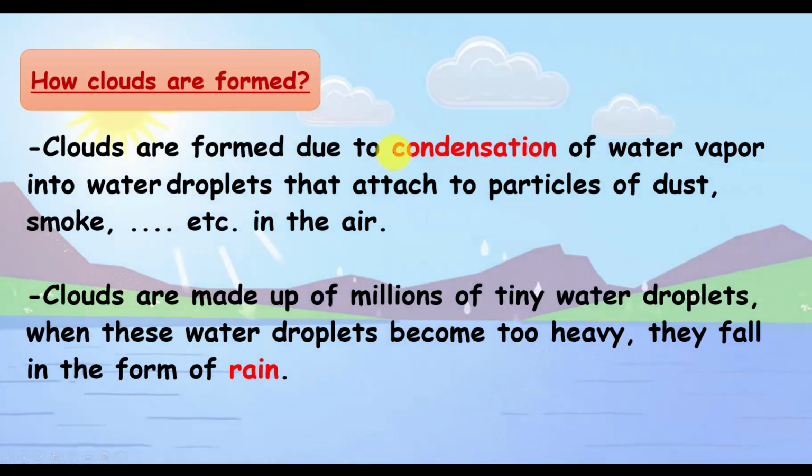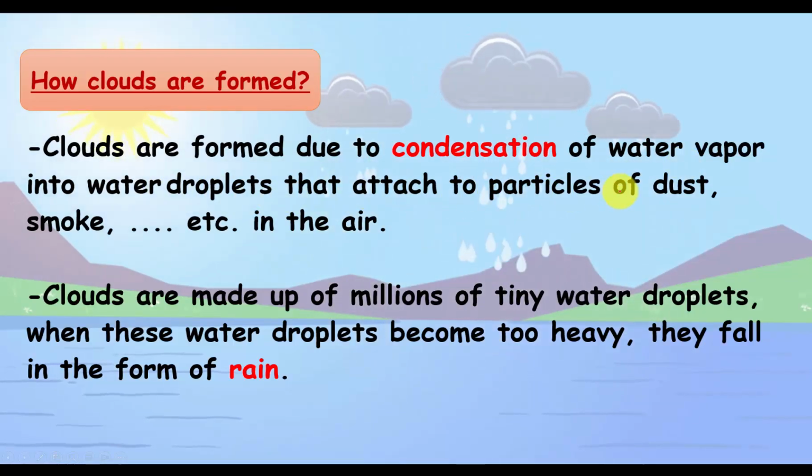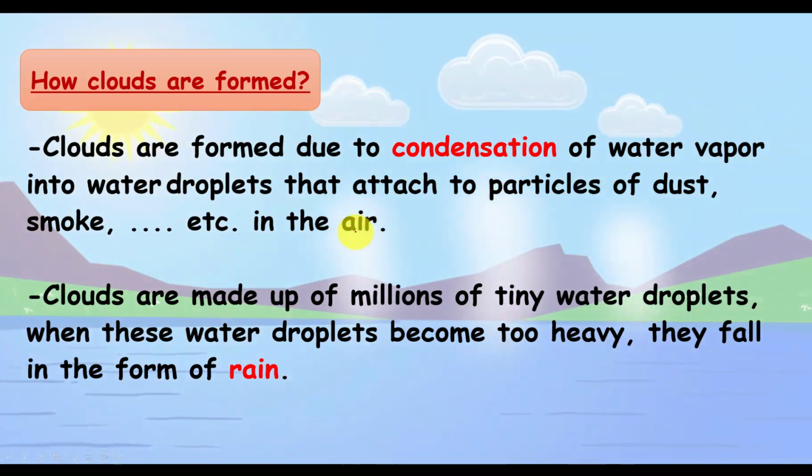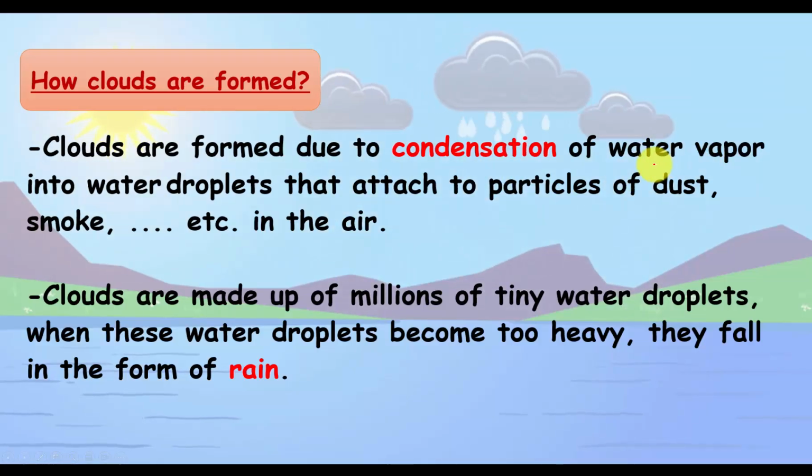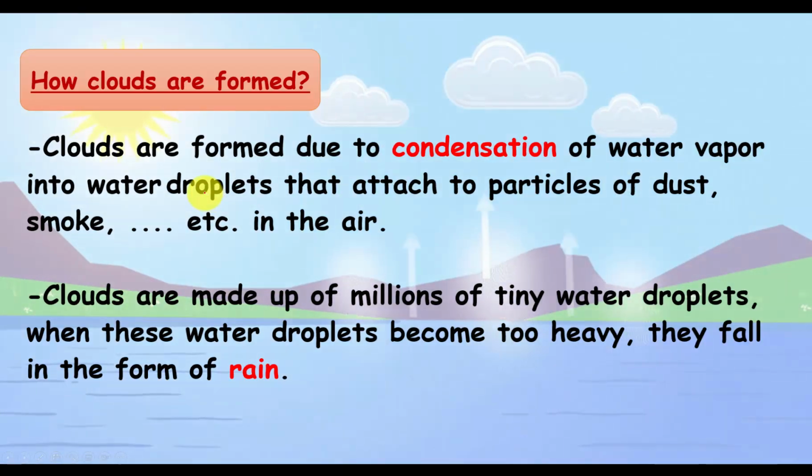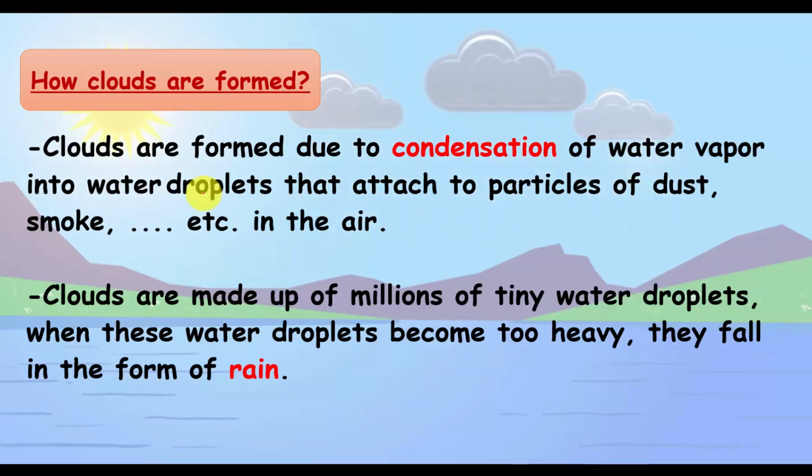Clouds are formed due to the condensation of water vapor into water droplets that attach to particles of dust, smoke, and so on in the air. So transferring water vapor as a gas into water droplets as a liquid is condensation, and this is accompanied by loss of energy or decreasing in temperature.